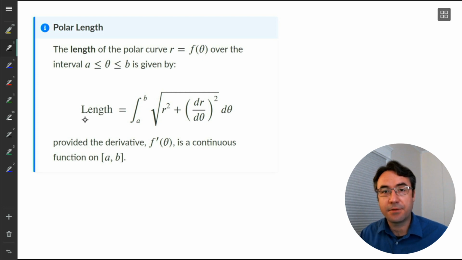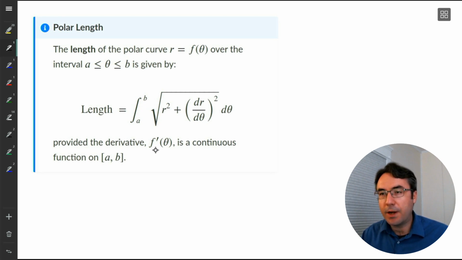Well, the length is equal to the integral from a to b of the square root of r squared plus the derivative of r with respect to theta squared. Now there is one little condition here that we don't really have to worry about too much in the problems and examples we'll be looking at.